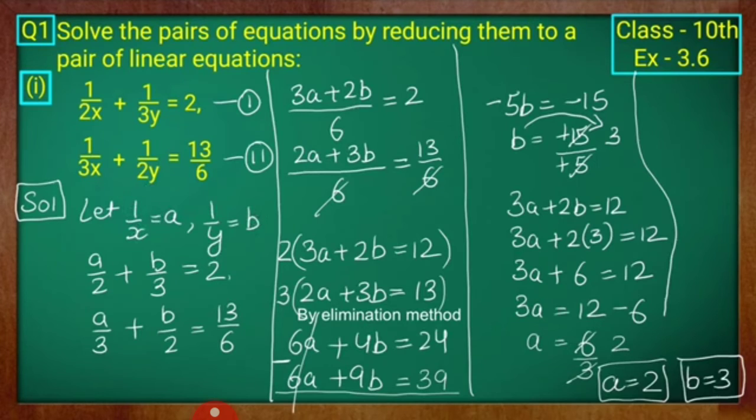Now again we substitute the values of a and b where we have assumed 1 upon x is equal to a. So 1 upon x is equal to 2 and 1 upon y is equal to 3. Now to find x and y, we have to take the reciprocal.